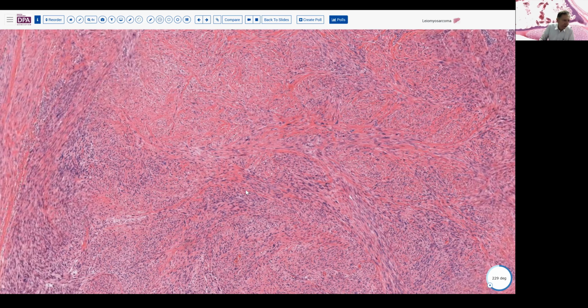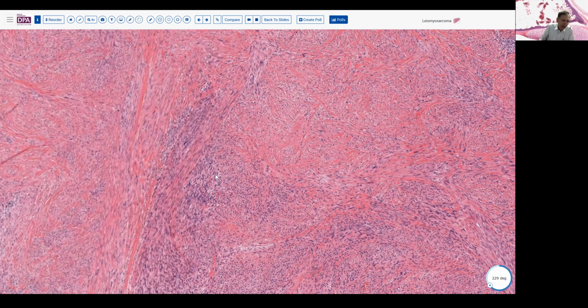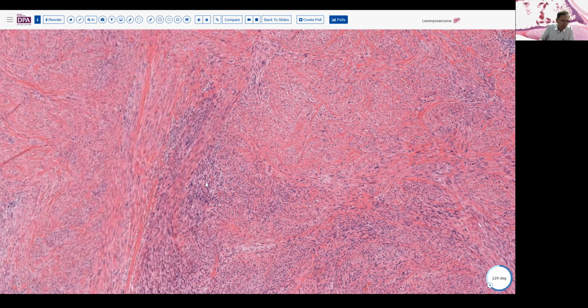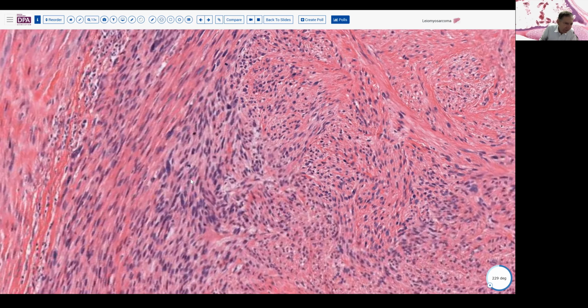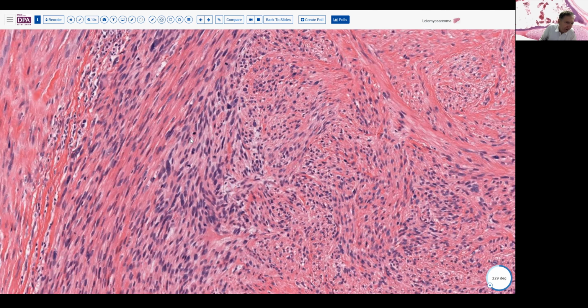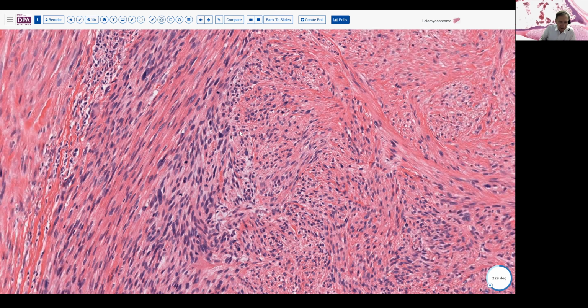And this is illustrative of one of those. This has a very pink cytoplasmic and fascicular pattern. As we look around, it's not difficult to find mitotic figures. Here's one here, another one here. So this is a very mitotically active tumor.